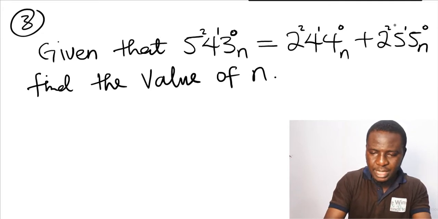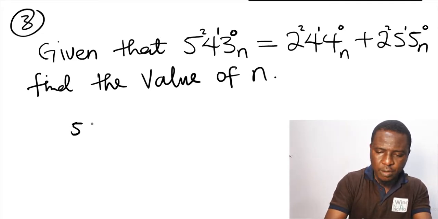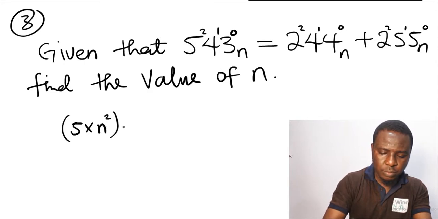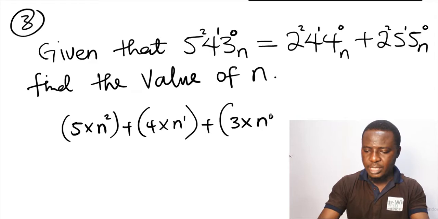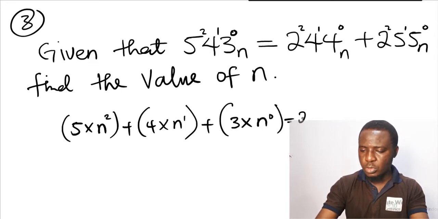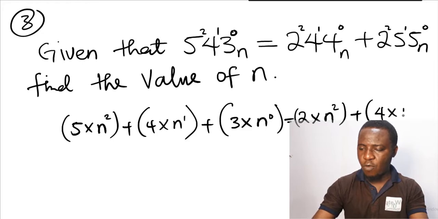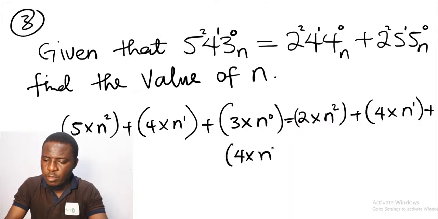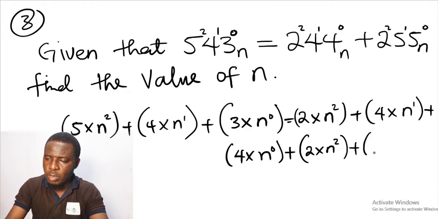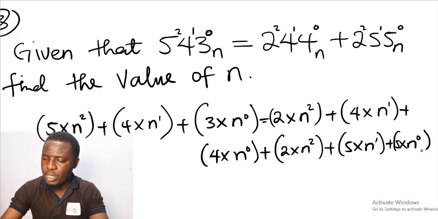So expressing this in base 10, this becomes 5 times n raised to power 2 plus 4 times n raised to power 1 plus 3 times n raised to power 0 being equal to 2 times n raised to power 2 plus 4 times n raised to power 1 plus 4 times n raised to power 0 plus 2 times n raised to power 2 plus 5 times n raised to power 1 plus 5 times n raised to power 0.